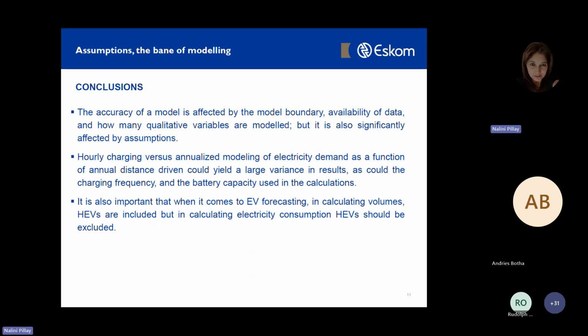Now, your hourly charging versus your annualized charging of electricity demand, and this as a function of your annual distance driven, could yield a very, very large difference in results, as could the charging frequency and the battery capacity used in the calculations. So it is important that when it comes to EV forecasting and calculating volumes, your full conventional hybrids are not included in calculating your consumption.